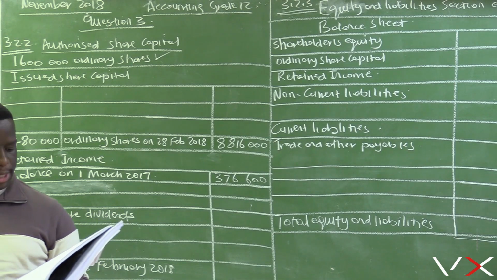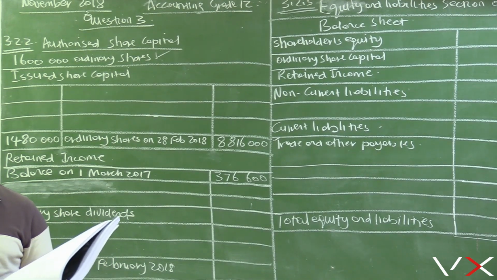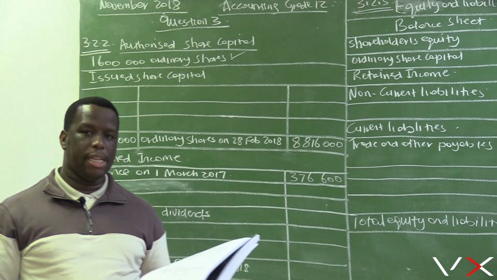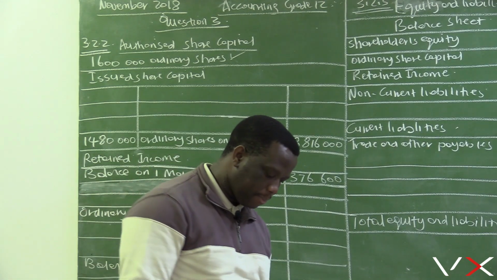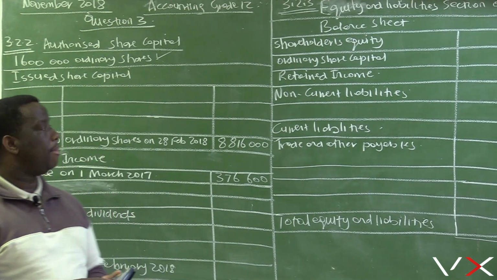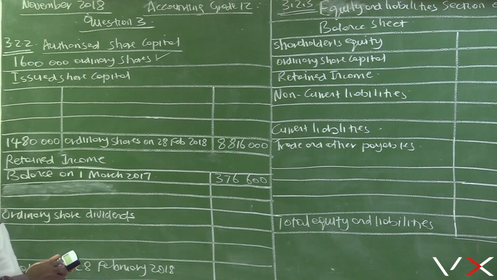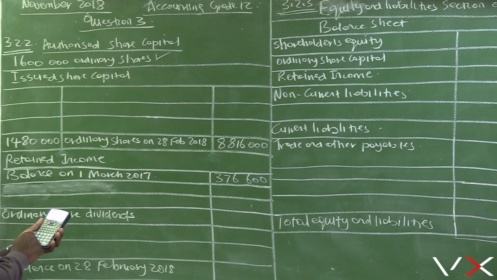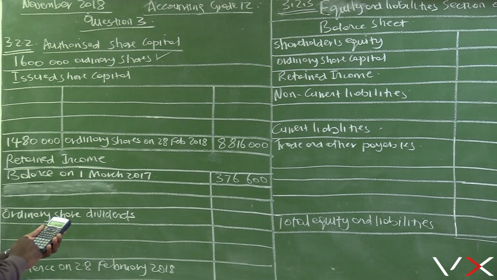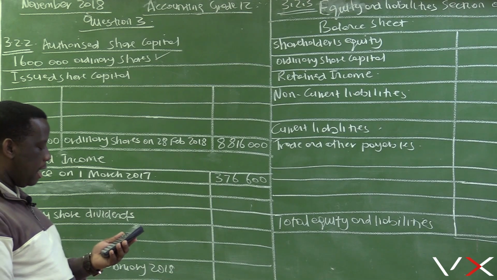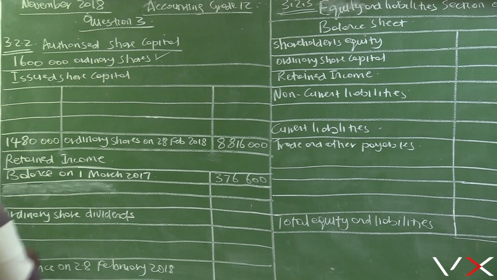The information there, information G, says that on 1st March 2017, 80% of the shares were in issue. This business is authorized to sell up to a maximum of 1,600,000 shares. If 80% was in issue on the 1st of March, let's calculate 80%. 1,600,000 multiplied by 80% is 1,280,000.